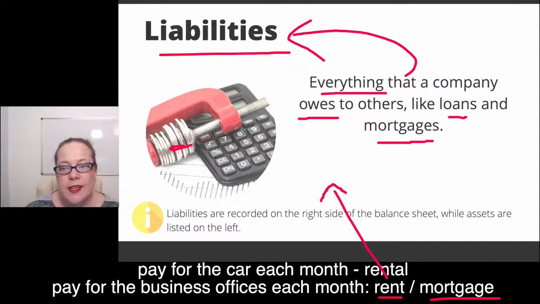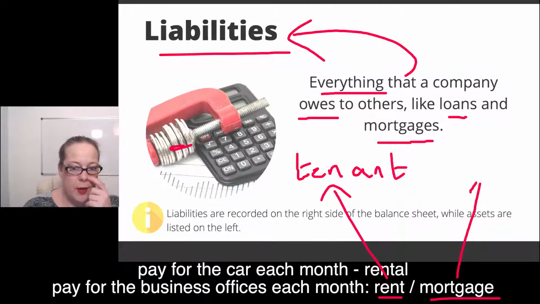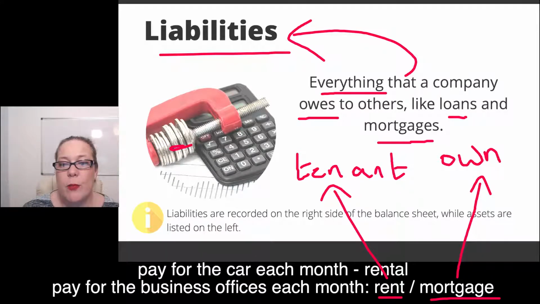If you rent your office, then you are not the owner, you are the tenant. Okay, that means you pay to the landlord every month some money. If you have a mortgage, this means that you are the owner of the offices or the property of the business.